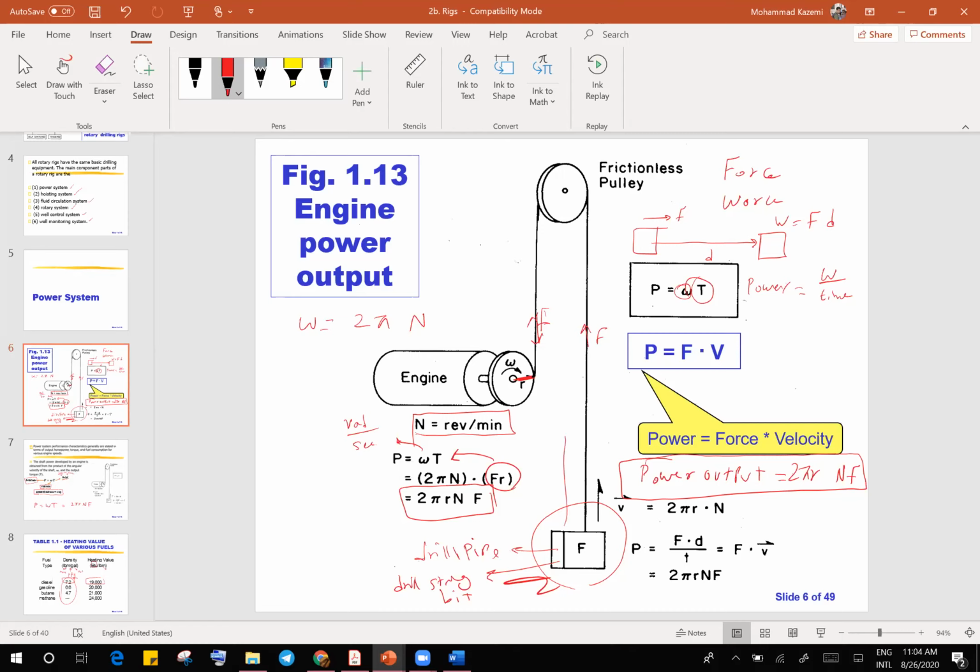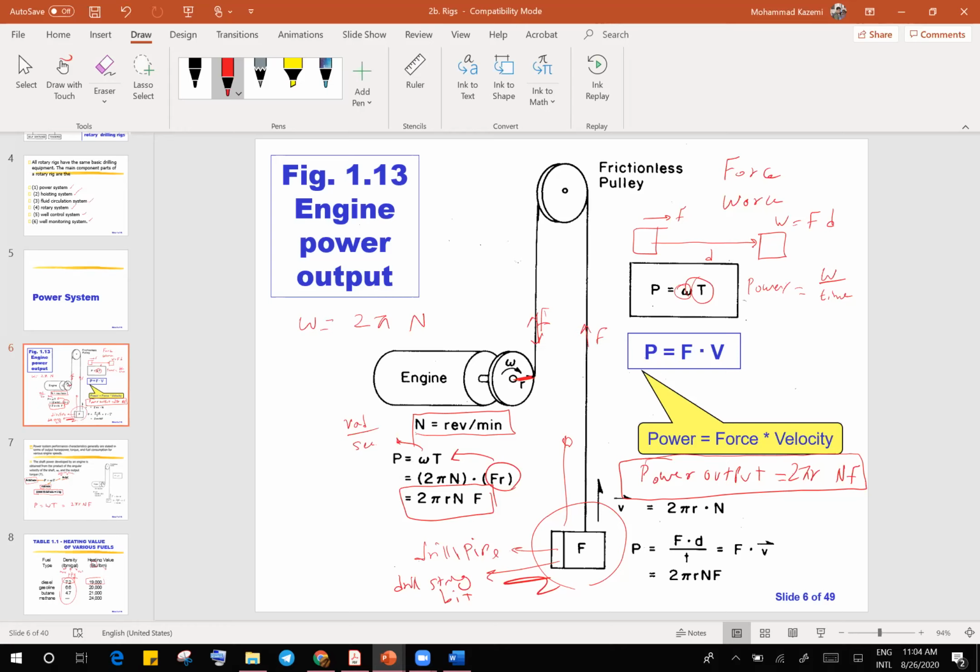So we need to raise it and lower it as we drill deeper into the formations. The drill bit and some other things are also attached there, but the main weight is from that drill stand. So we want to raise it and lower it, and this is done by this rotation, right?